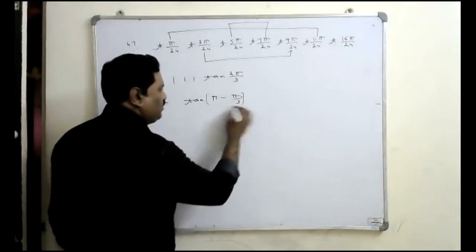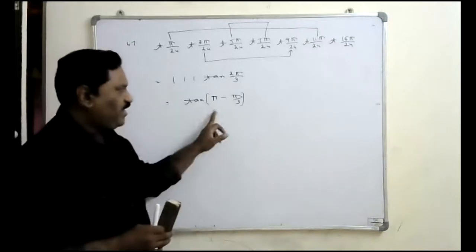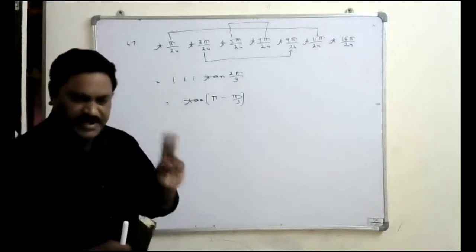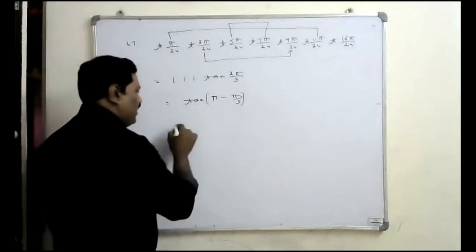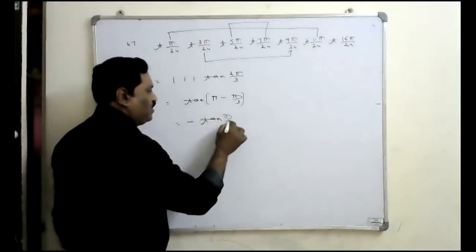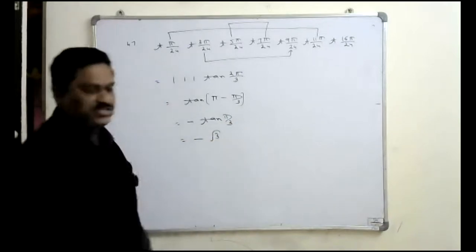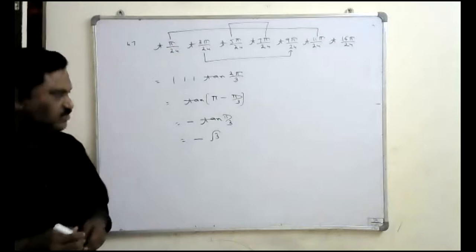Like that we will express it. So 180 minus 60 is an angle in the second quadrant. In the second quadrant tan is negative, so minus tan pi by 3. What is the value of tan pi by 3? Tan 60 is root 3, so the answer is minus root 3.